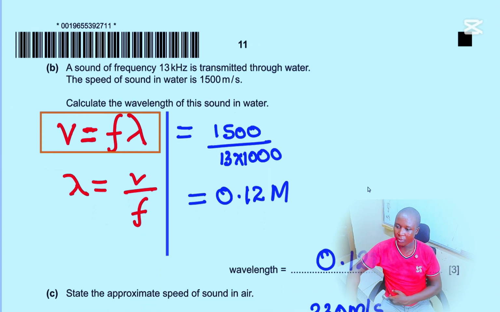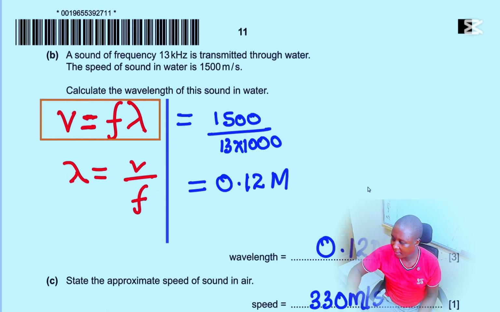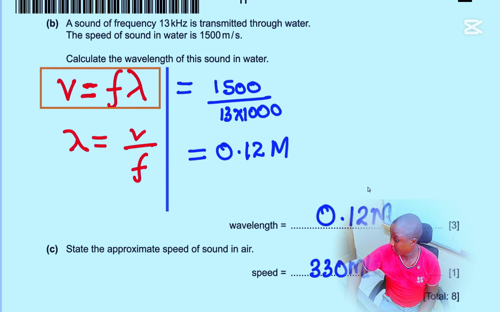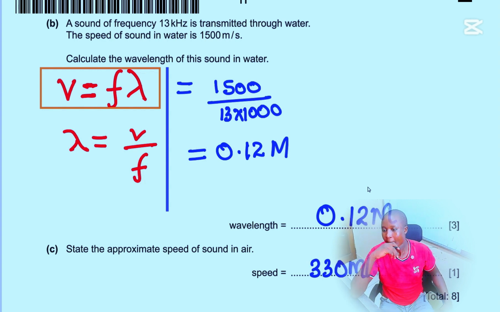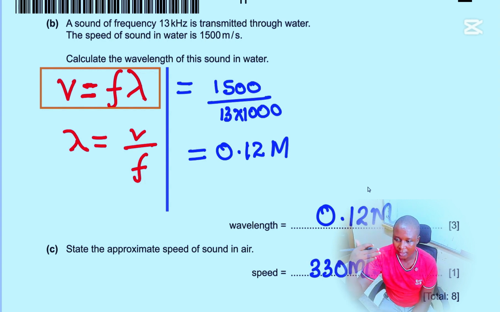Still, we have a question that is surfacing here for waves. I don't know how this got here, but it's fine. Remember the wave equation is v equals frequency times wavelength. If you're working out the wavelength, you have to say v over frequency. So the speed is 1500 divided by frequency, and the frequency has to be in hertz.